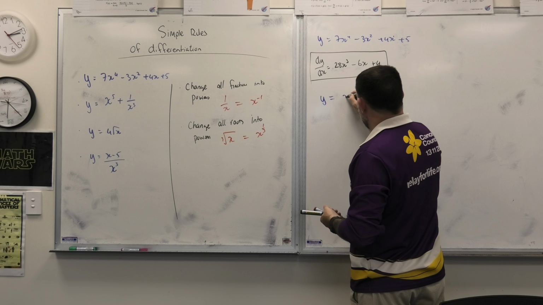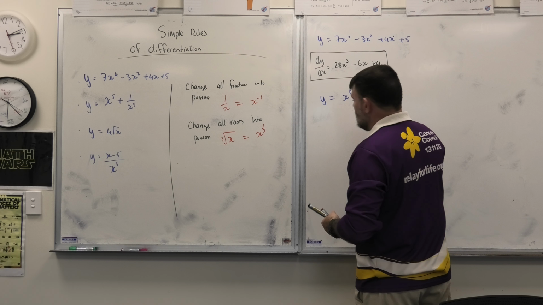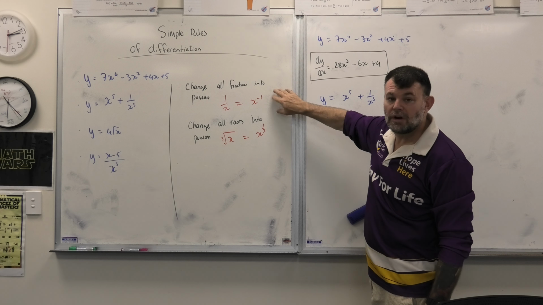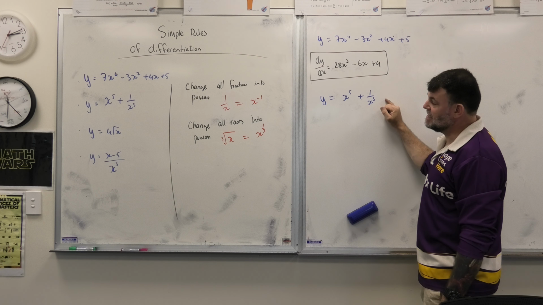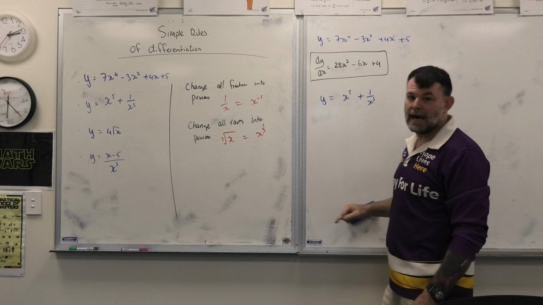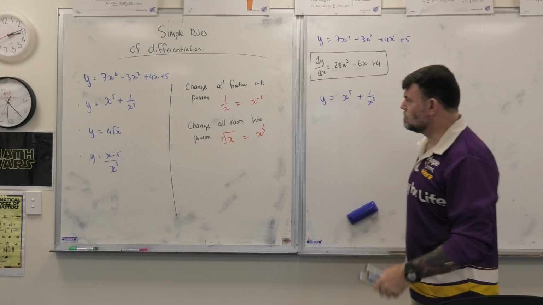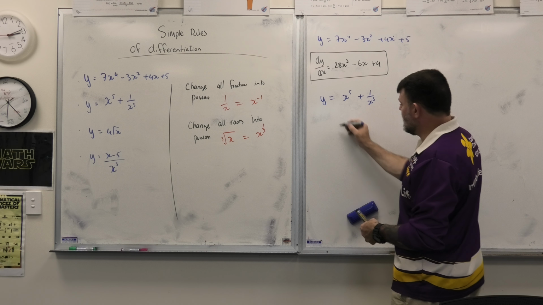y is equal to x to the power of 5 plus 1 over x cubed. We now need to employ one of these changes, because I can't differentiate this unless I've got it all in powers. If it was first principles, go straight ahead, but it's not. We're using our simple rules. So we need to first get this into powers.